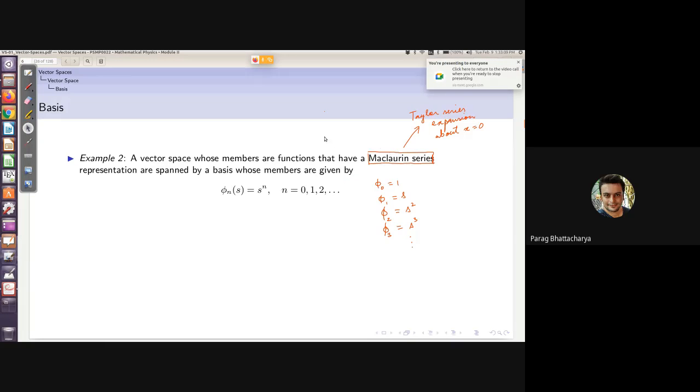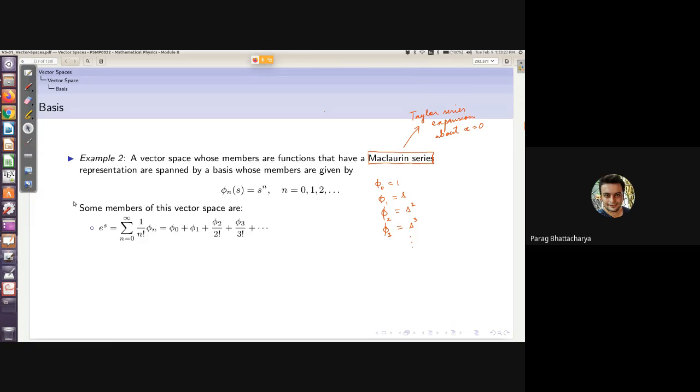Okay, so all the functions which have got a Maclaurin series representation can be spanned by this basis, and you can check for yourself. For instance, the exponential function e to the power s. What is the Maclaurin series expansion?